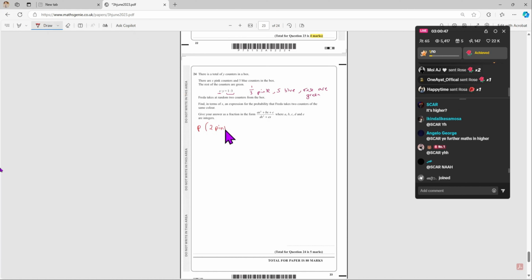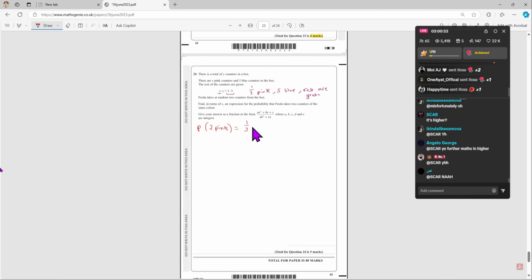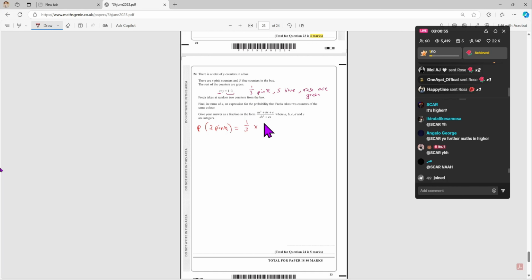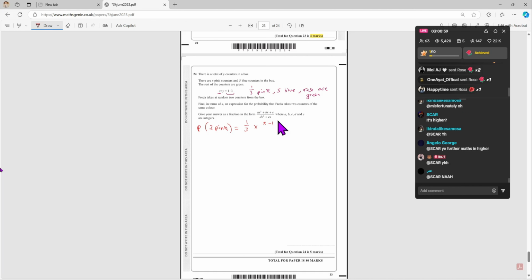To get 2 pink counters, you do a third, which is the number of pink counters, times x minus 1 over 3x minus 1.